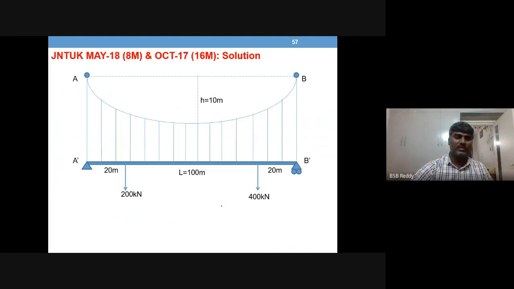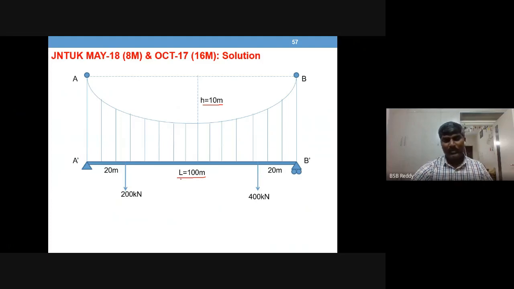So let us see the diagrammatic representation of the given data: span 100 meters, sag or dip 10 meters, loads 200 and 400, at 20 meters from left and 80 meters from left. 80 meters from left is equal to 20 meters from right.